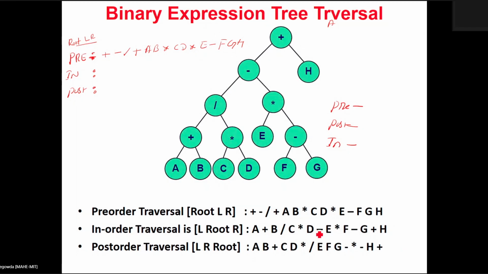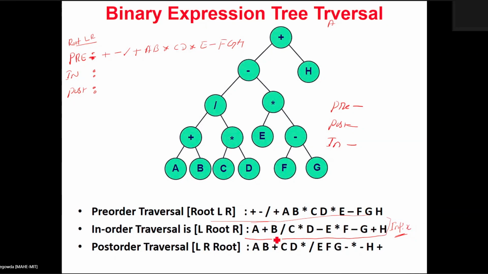If you look at the in-order traversal of the binary expression tree, suppose the binary expression tree is traversed in order, that is going to produce the infix form of the expression, right? Is it right? This is the infix form of the expression.